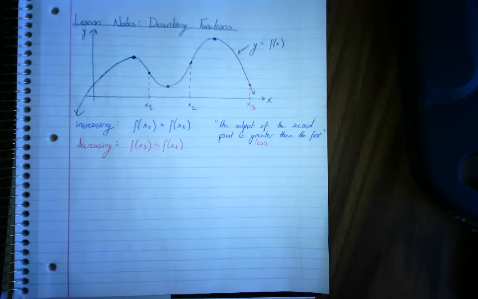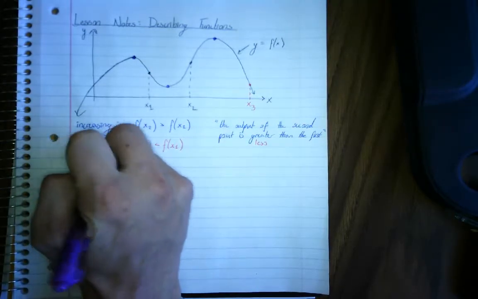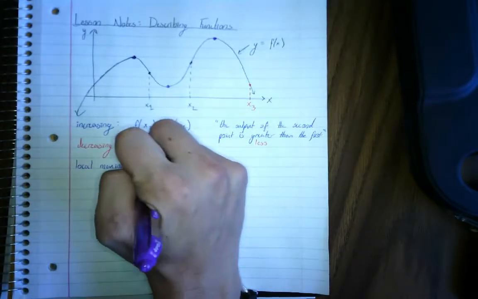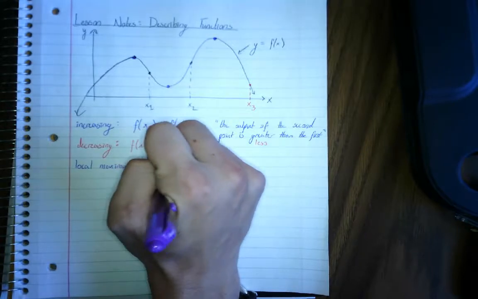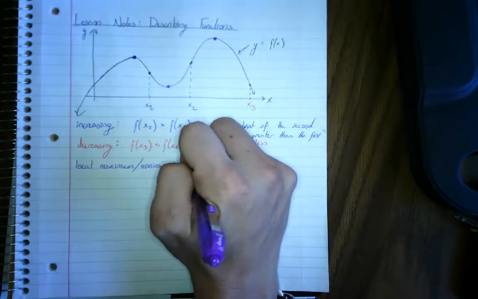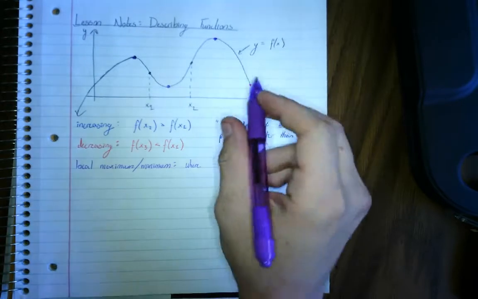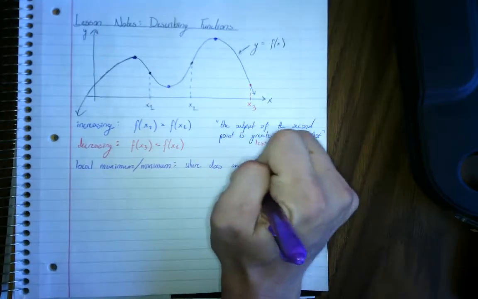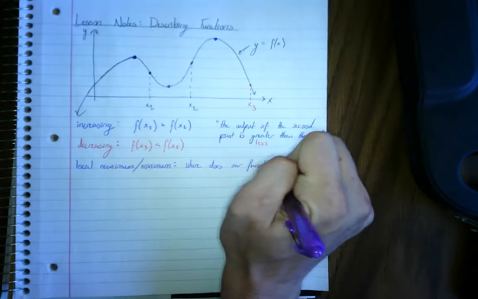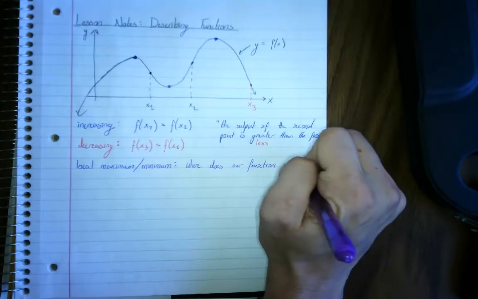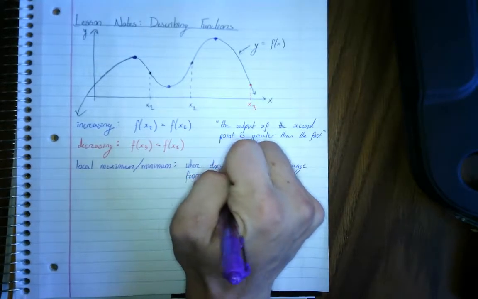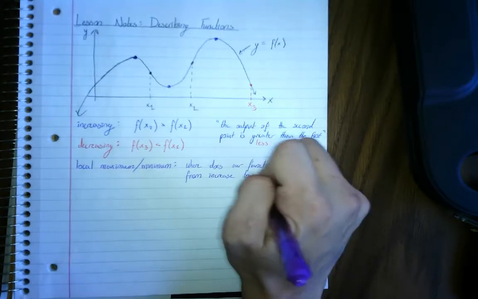So if we're looking overall, the local max and mins, all this is telling us is where our function changes from increasing to decreasing. Increase to decrease, or vice versa.